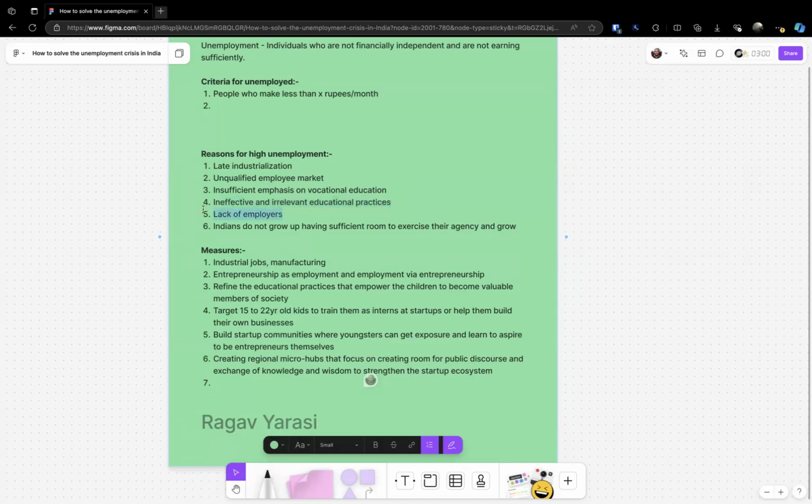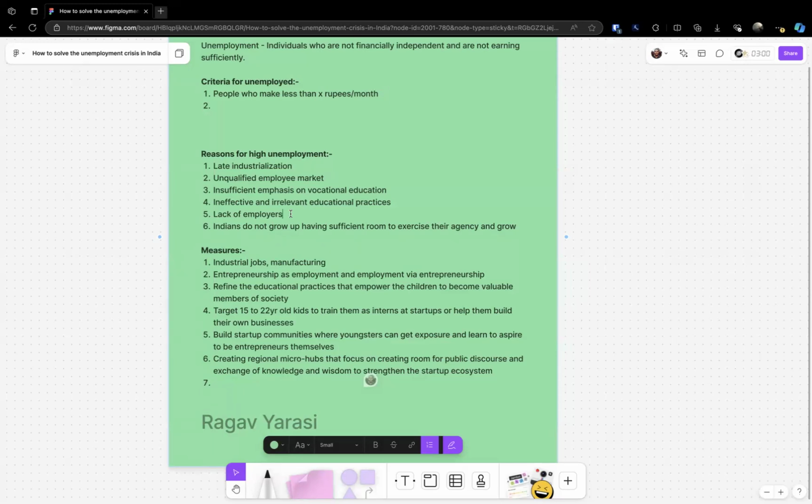And lack of employers. This is also a big deal because the problem of unemployment is predominantly a supply and demand issue. So there is a lot of demand, but not enough supply of employment opportunity.